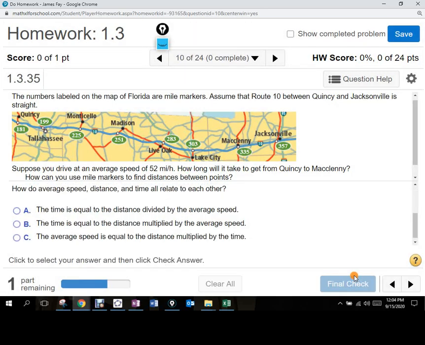Continue. How do average speed, distance, and time all relate to each other? So this is something that you have to go back to maybe 7th grade math, 8th grade math, maybe did some of it in algebra. But how are these things related to each other? Joel? Okay.